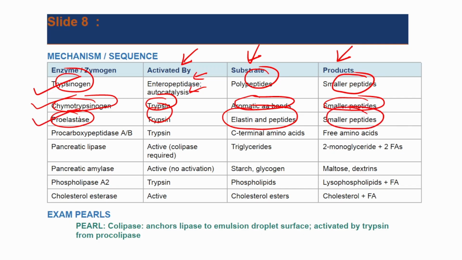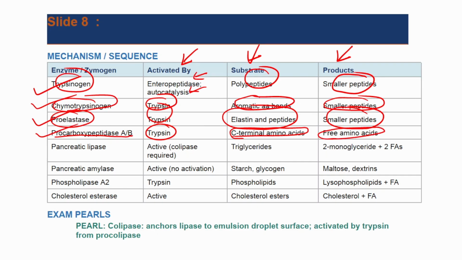While these enzymes target internal bonds, this pathway, called the procarboxypeptidase A/B pathway, breaks down terminal protein chains. Uniquely among the primary proteases, procarboxypeptidase A/B is activated by trypsin to act specifically on C-terminal amino acids, yielding free amino acids rather than shorter peptide chains.